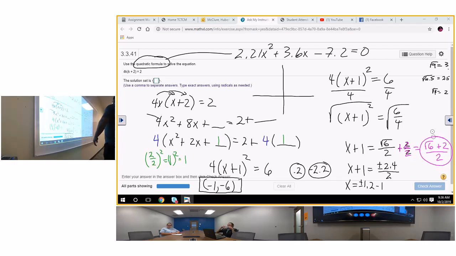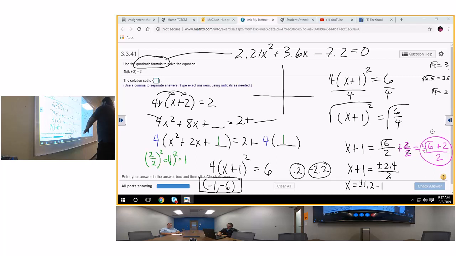You could either put a positive or a negative right here, or you would have to say 2 plus square root of 6 over 2, comma, 2 minus square root of 6 over 2. That's how you would type in the answer, and I'm just going to type in 3 so you can see it. But I'm going to finish this problem.